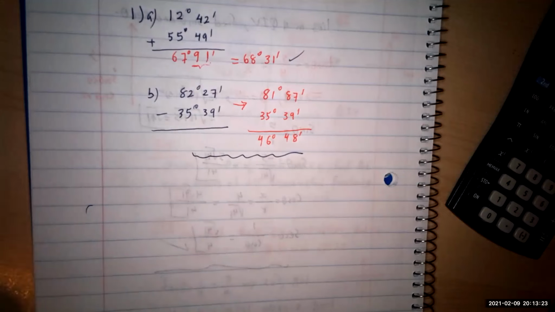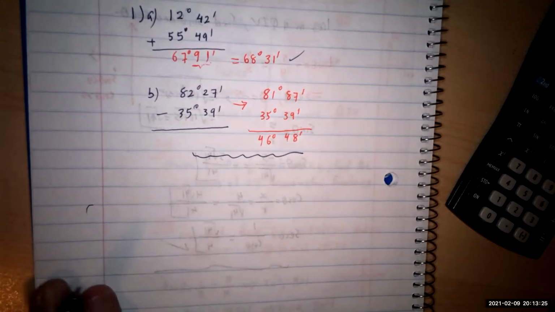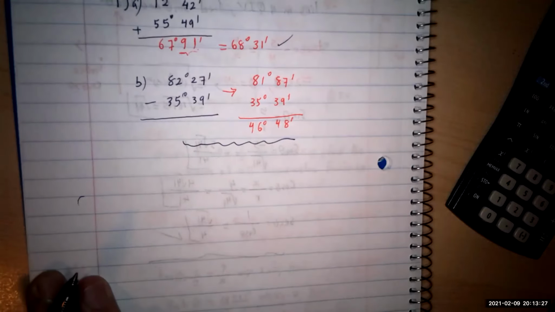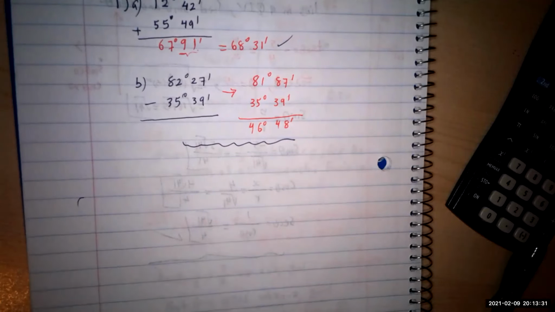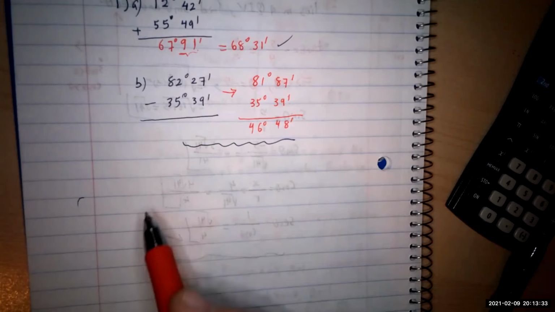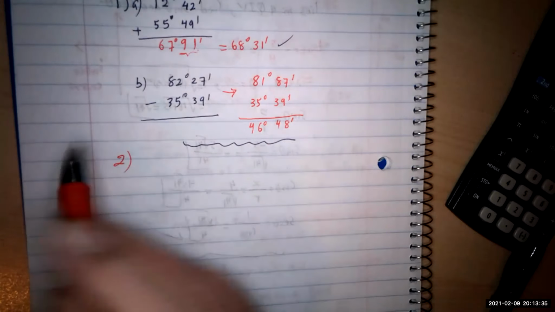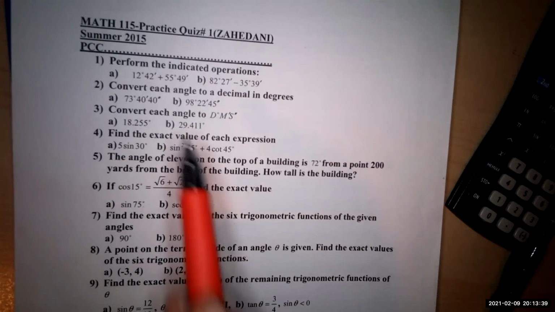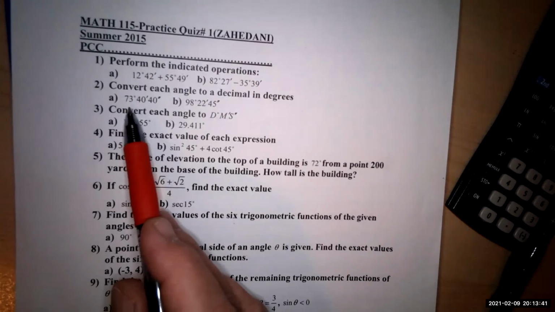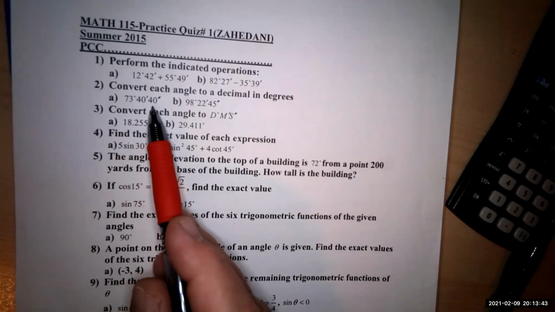These are in section 1.3 or 4. Okay, that's the first one. And number 2, you want to convert. Remember, this is given in the form of DMS, the degrees, minutes, and seconds.